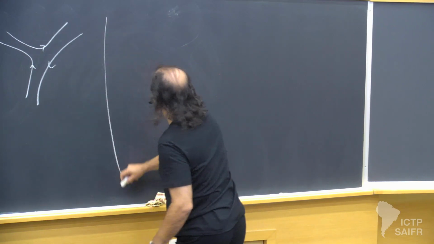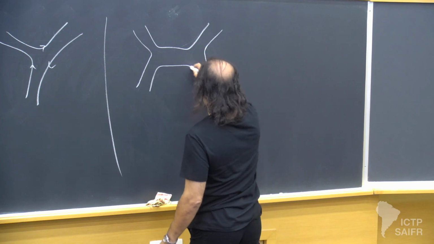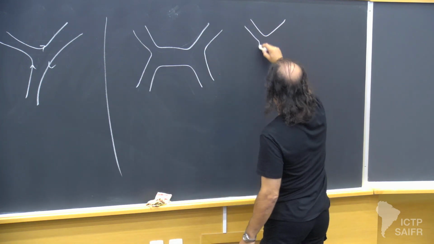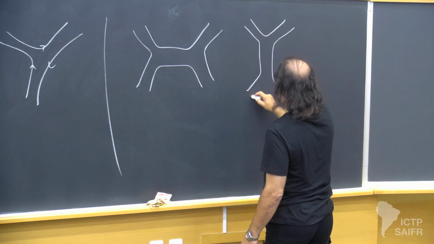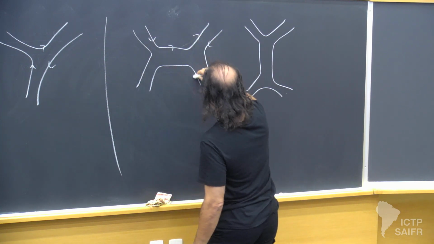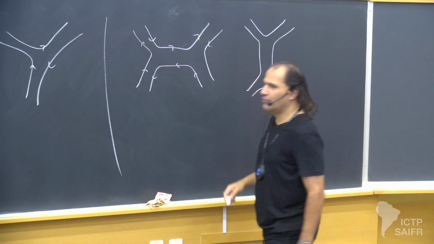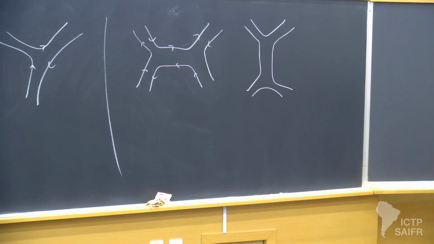So at tree level, I would have this fat graph and this fat graph, let's say at 4 points. And I might stop drawing the arrows as well, because the arrows are just fixed. They're just upstairs and downstairs arrows.